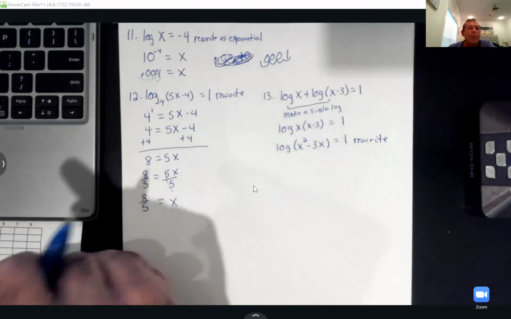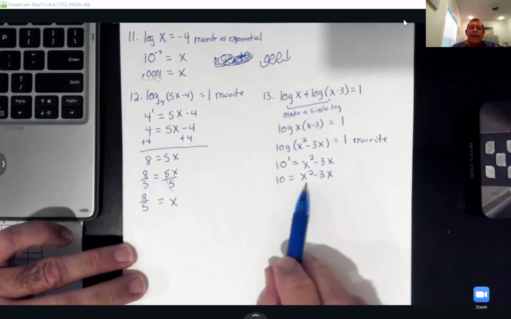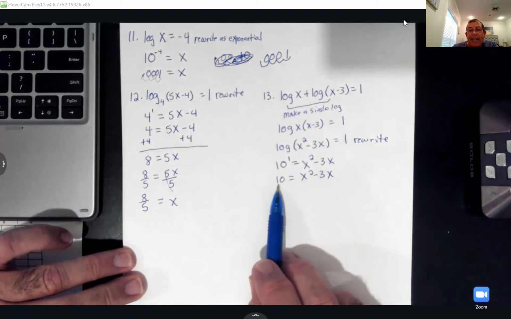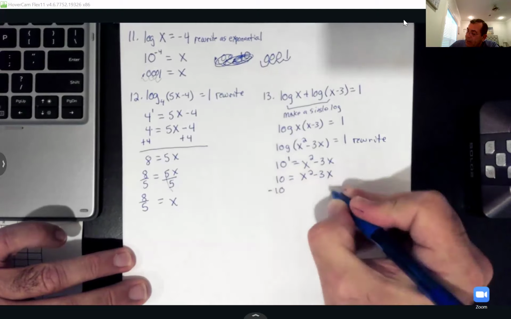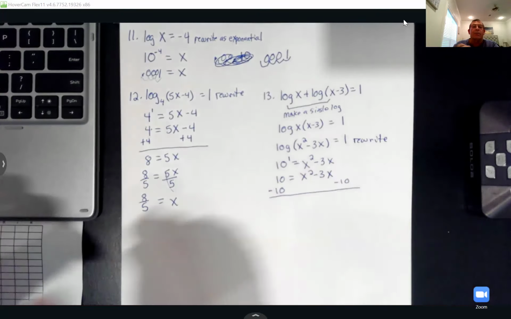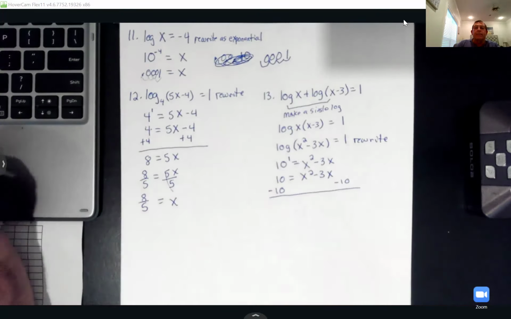So what happens here, since I got an x squared in this, I got to get a 0 on this side and start factoring this, okay? So I'm going to subtract 10 from both sides because we need to get a 0 on one side when you got x squareds in it. So that's going to give me 0 equals x squared minus 3x minus 10.